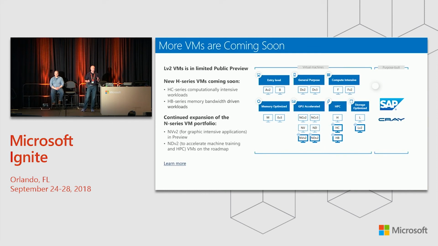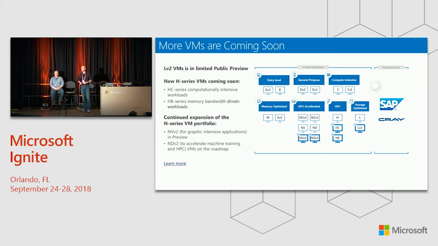And then, coming soon. Like I mentioned before, there are a lot of new sizes on our roadmap. We've got a lot of really cool things that are going to happen in the next 6, 12, 18 months that we're planning for, and we're able to talk about some of them today. They've been talked about in greater depth in a couple other areas, but we'll cover a few here really quickly. So one is the LV2 series VM family. This is the next version of our L series, and we'll talk about that in a second.